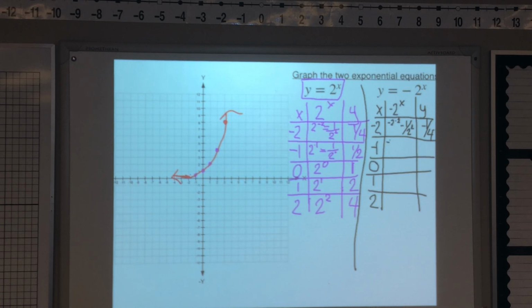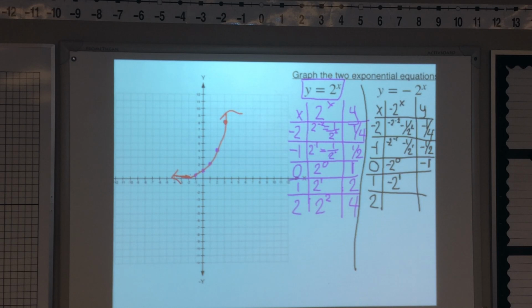Okay, so -2 to the -1st power. Again, there's no parentheses around there, so that negative stays. So I have -1 over 2 to the 1st power, which is -1/2. Okay, -2 to the 0 power. Again, that negative is not in parentheses, so our negative stays. So it's actually a -1.